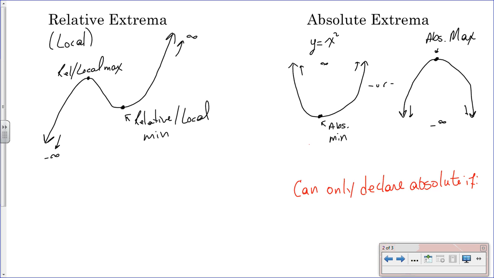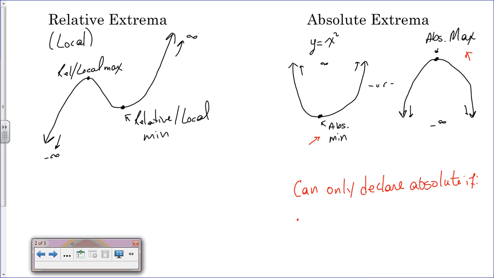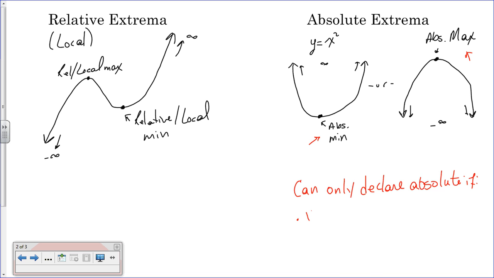All right, so you can only call it an absolute min or an absolute max if you absolutely positively know a graph goes to infinity in one direction and never gets lower or higher, and goes to infinity in the other direction.